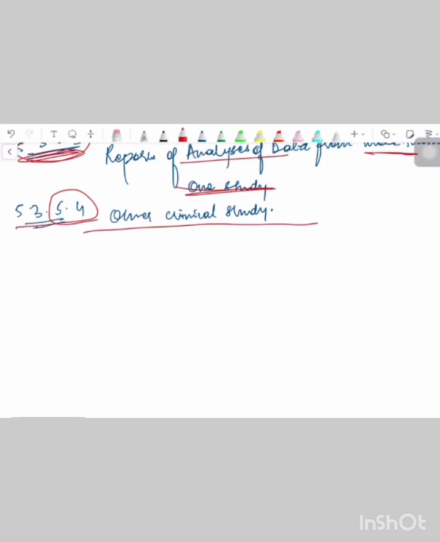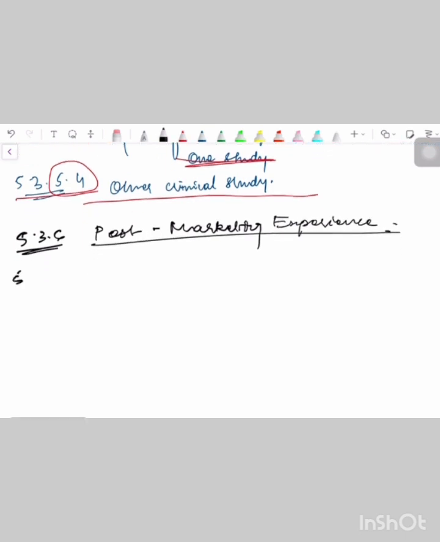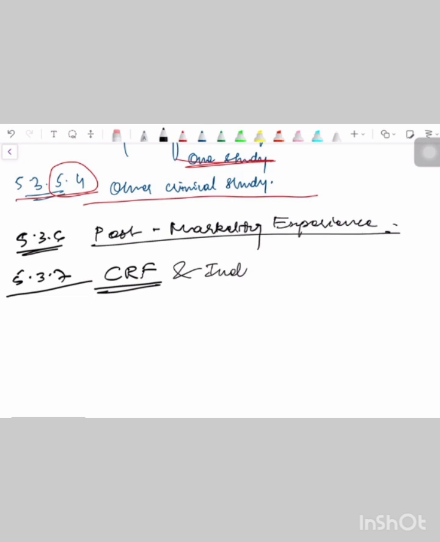Then 5.3.6 contains any reports of post-marketing experience. So any report related to post-market experience, quite self-explanatory. And 5.3.7 is related to CRFs, case report forms, and individual patient listing. So this is all the content present in module 5.